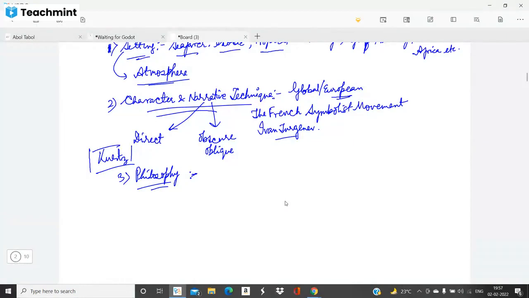But not that. He believed that the universe is nonchalant. So it is neither benevolent nor malevolent. It is just nonchalant. It does not care.